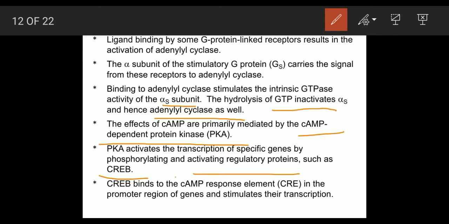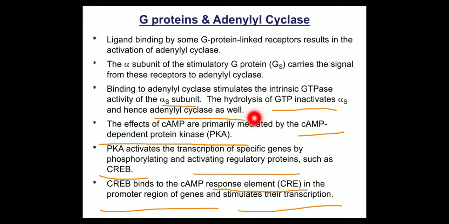CREB binds to the cAMP response element in the promoter region of genes and stimulates their transcription. After that transcription, the relevant mRNA are formed and released into the cytosol, and further translation takes place, and the proteins are formed, and according to that the cell responds. This is the basic idea.